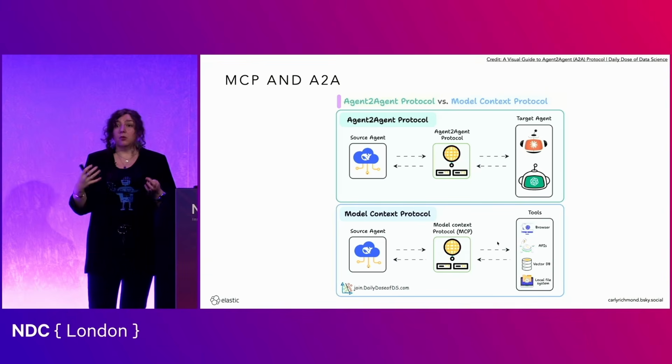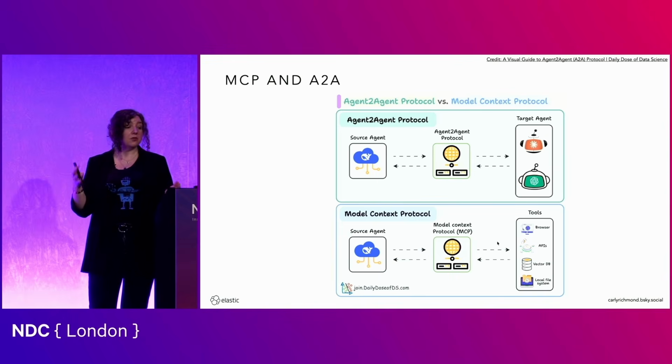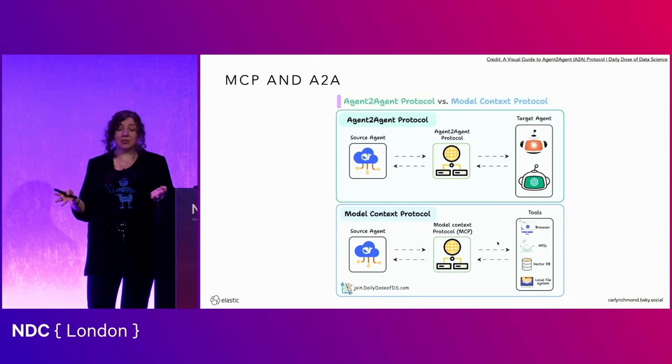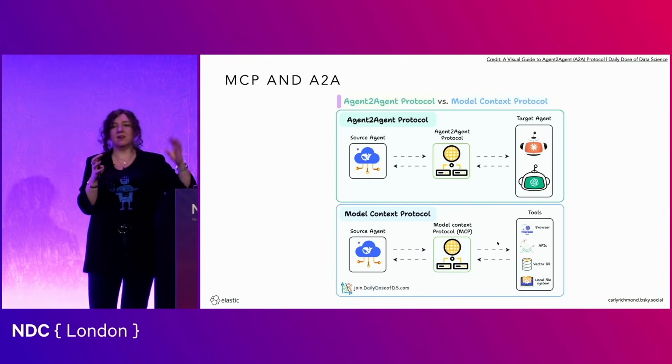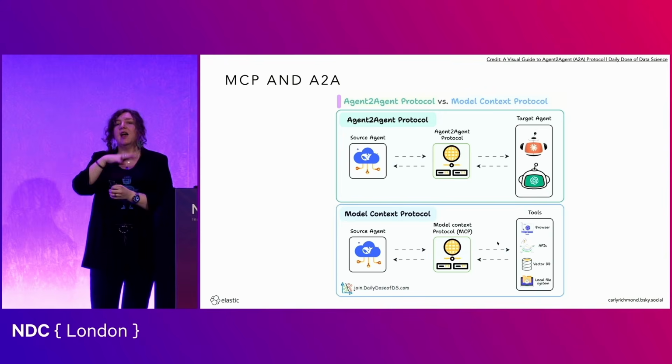You then also have the notion of model context protocol, and certainly there have been dedicated talks and workshops at the conference talking about model context protocol in a lot of depth. But what you need to know in simple terms with regards to tools is that you have a model context protocol server that is able to have source agents communicate with it, and that server can expose various resources that can be used by that agent.